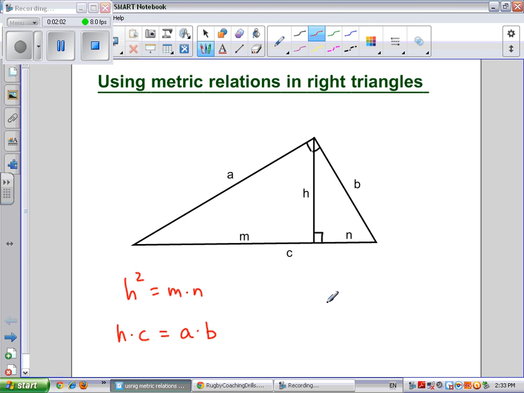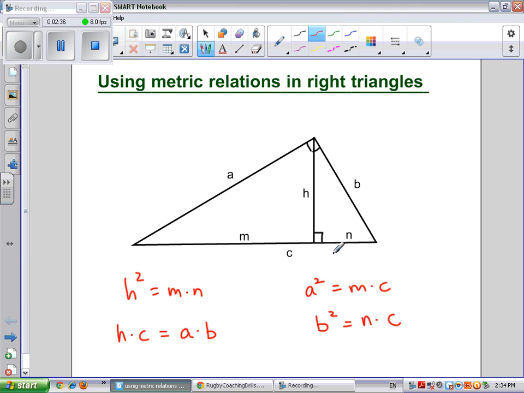And then the third group of metric relations, and it's kind of neat if you can see them as a group because it'll help you remember them all, is the projection onto the hypotenuse. So this leg squared will equal the product of its projection and the hypotenuse, and the square of this leg will equal the product of its projection and the hypotenuse.